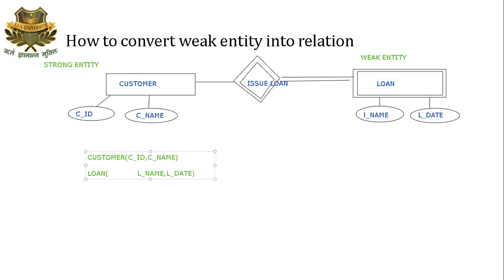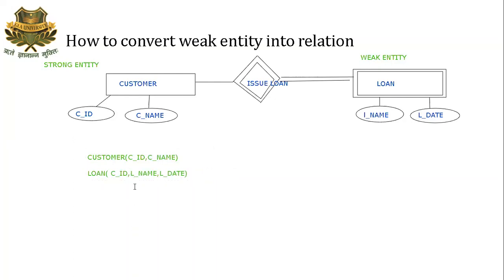Now the question arises, how do these two relations relate? In this relation, the customer ID is the primary key in the customer table, so that customer ID you can write over here in the loan table like this.